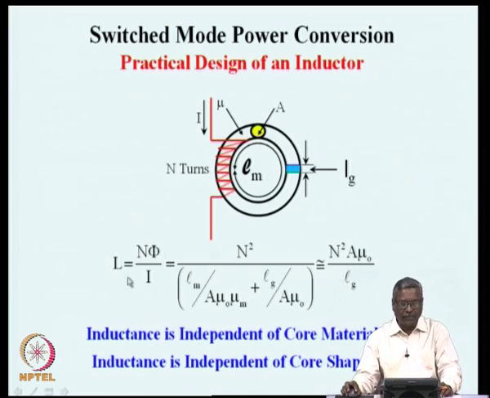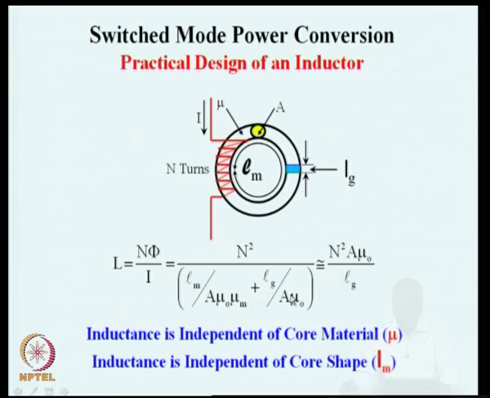What we now see is that the inductance is now N phi by I just as before, but the reluctance now has two components. One of them is the magnetic path length divided by the area of the magnetic path and the mu of the material, which is the material relative permeability multiplied by the absolute free space permeability, plus the gap reluctance, which is the length of the gap divided by the area of cross section multiplied by the free space permeability, or mu naught, of air.